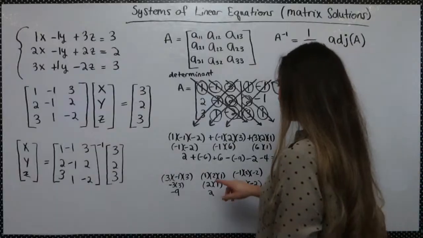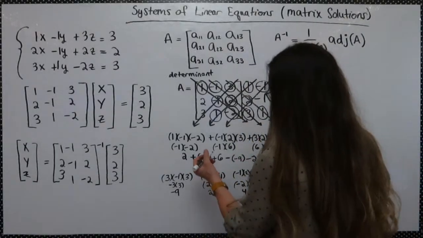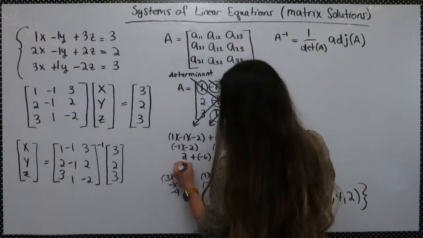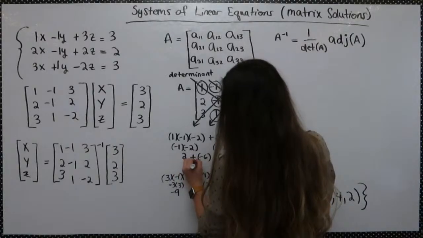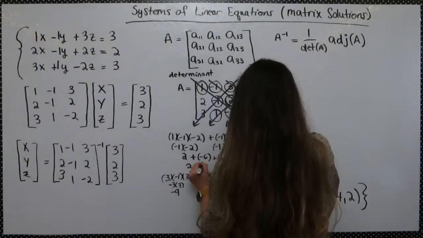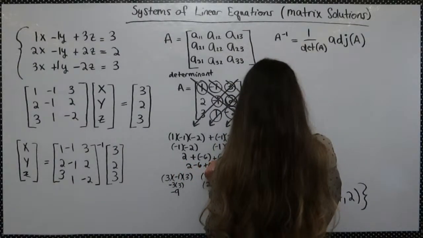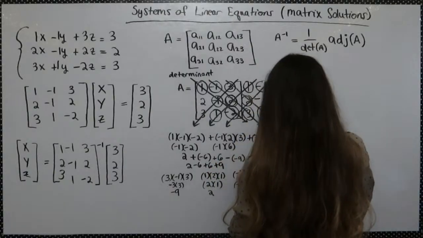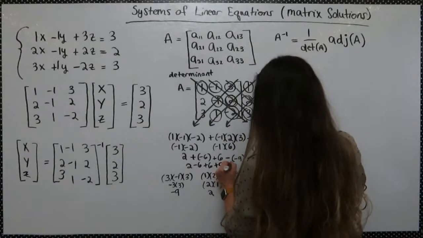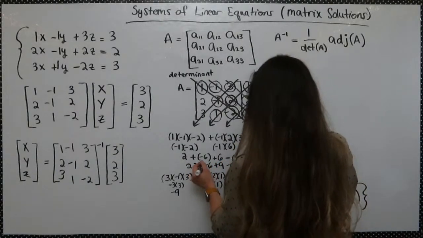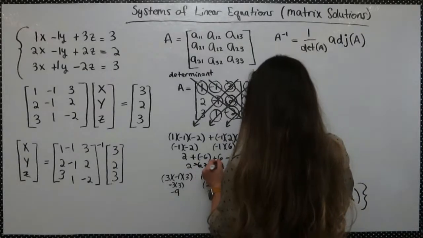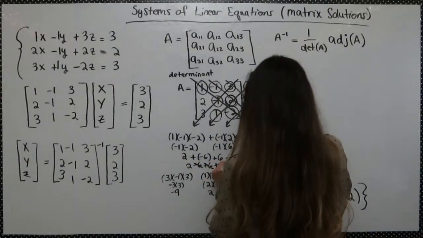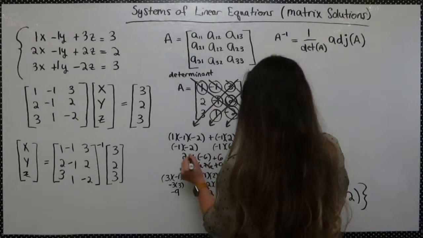All right, so we have 2. This is 2 minus 6 plus 6 plus 9 minus 2 minus 4 is -6. So those are 0. 9 minus 6 is 3 plus 2.